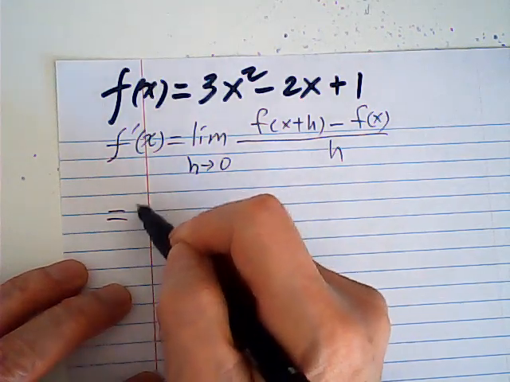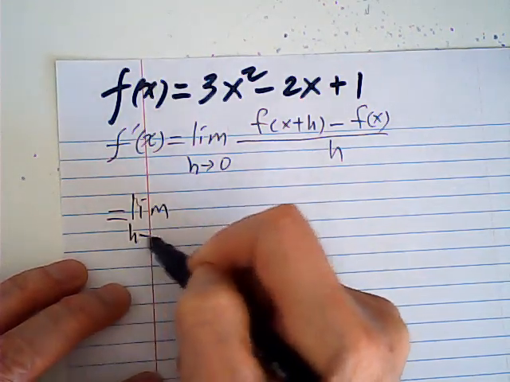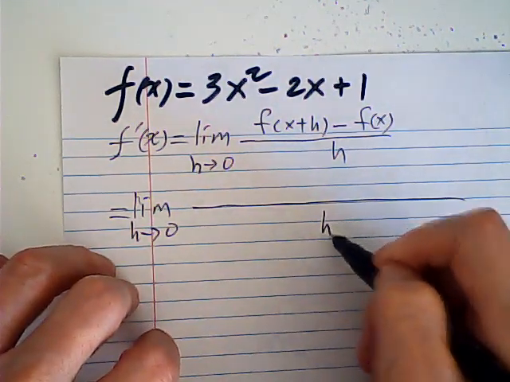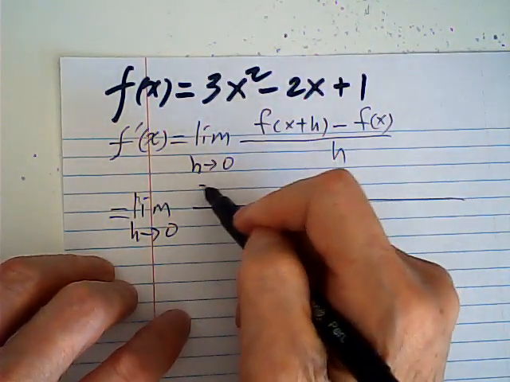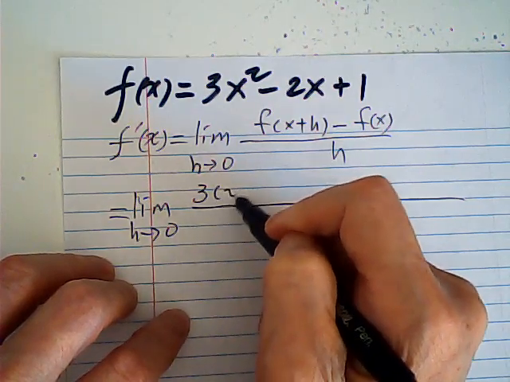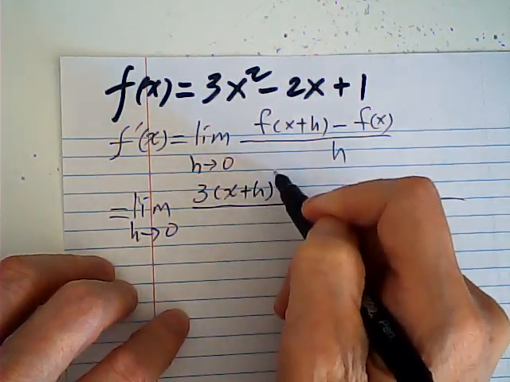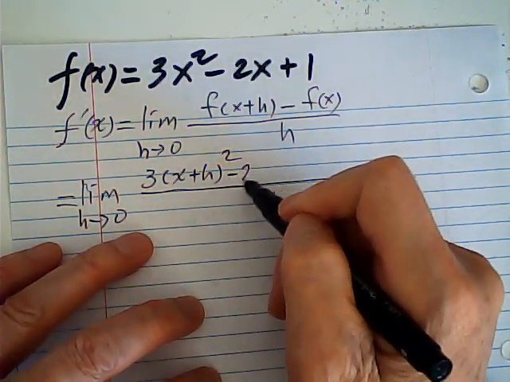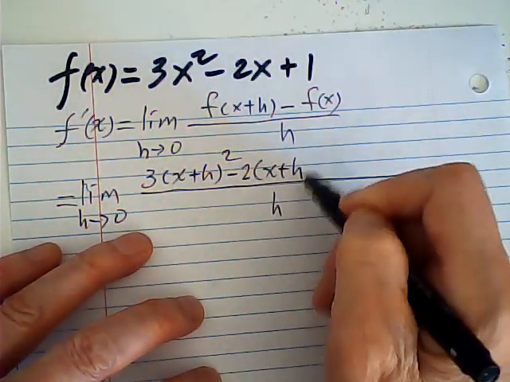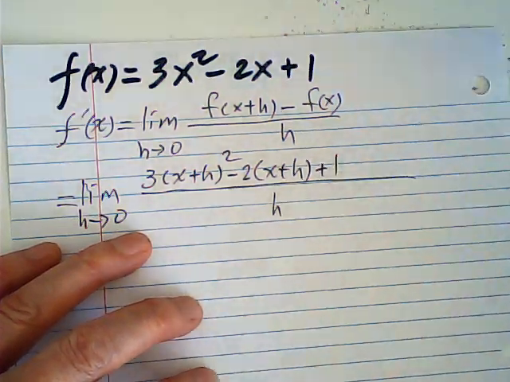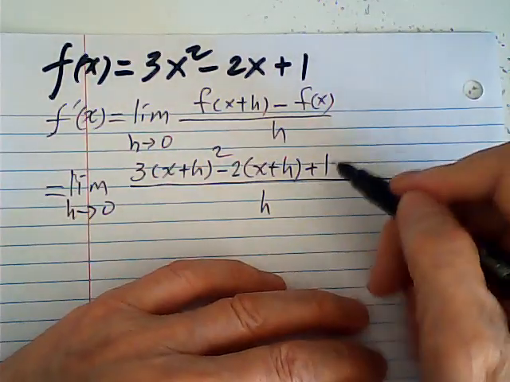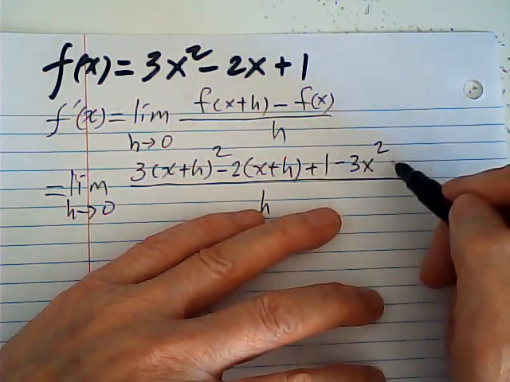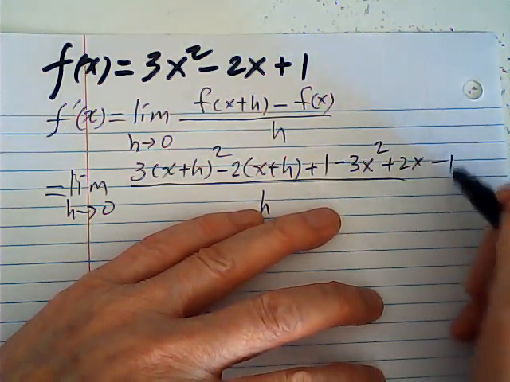That is equal to the limit as h goes to 0. Here there will be 3(x plus h) squared minus 2(x plus h) plus 1, and minus (3x squared minus 2x plus 1), right?